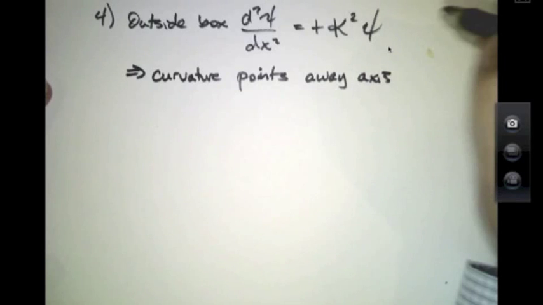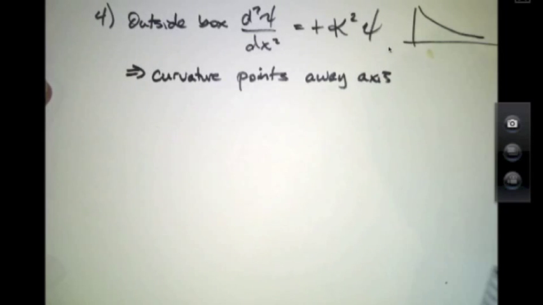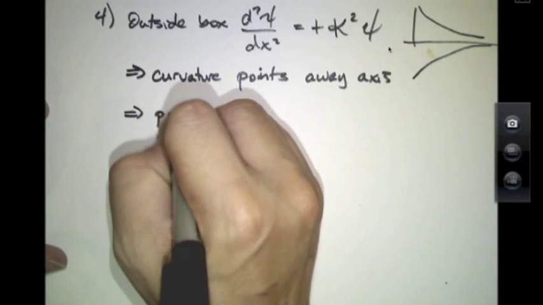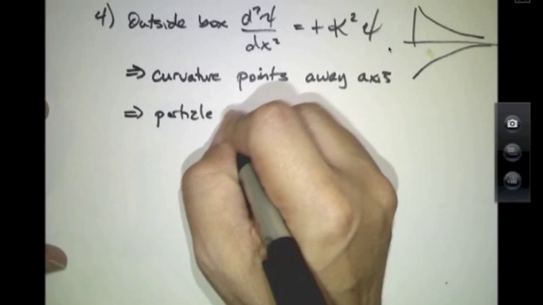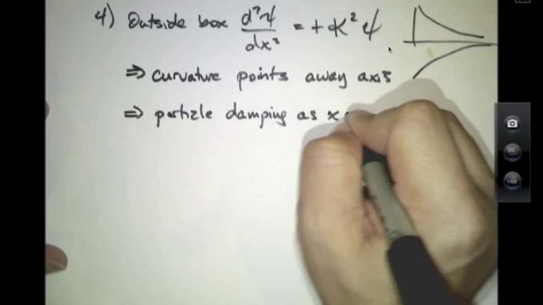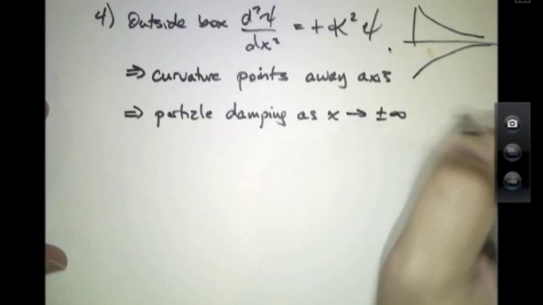So if psi is positive, then it looks like so. If psi is negative, then it looks like so. That's the opposite case of inside the box. And this is why we say that we have particle damping as x goes to plus or minus infinity.